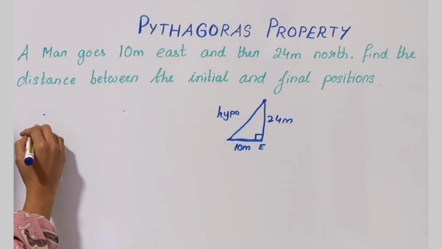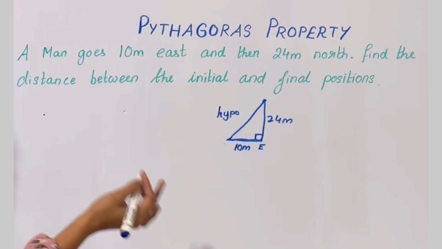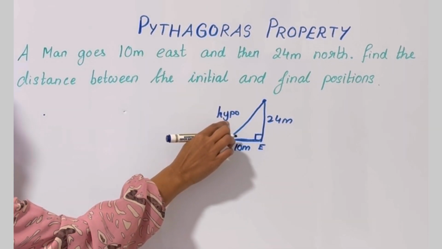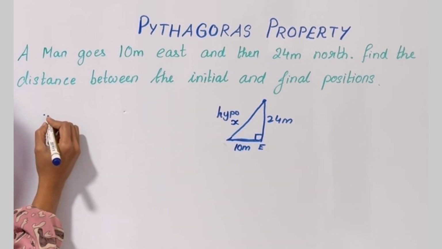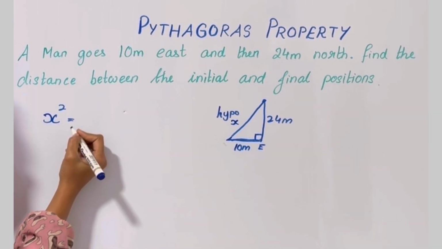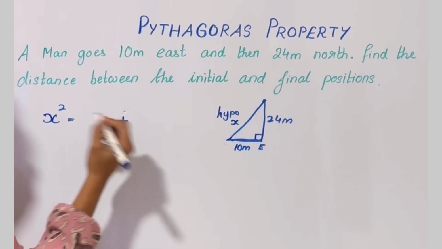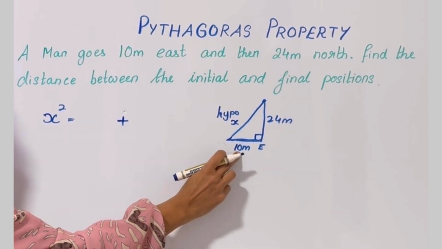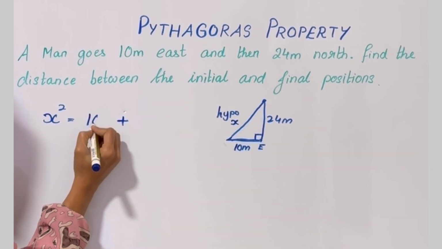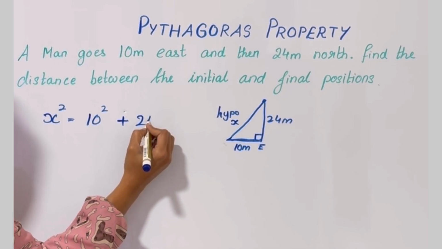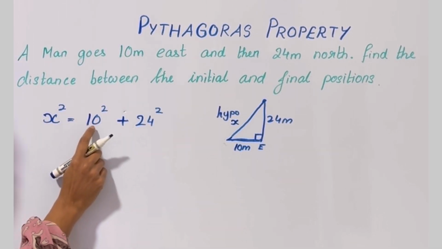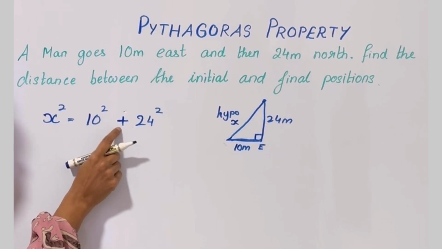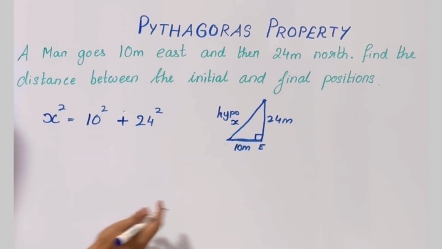So first let's write the Pythagoras property statement: the square of the hypotenuse, it is missing, so let's take it as x, is equal to the sum of the squares of its legs. The legs are 10 and 24. So 10 square plus 24 square.